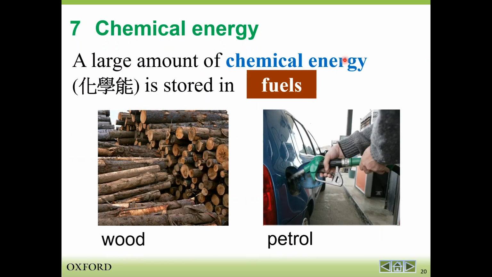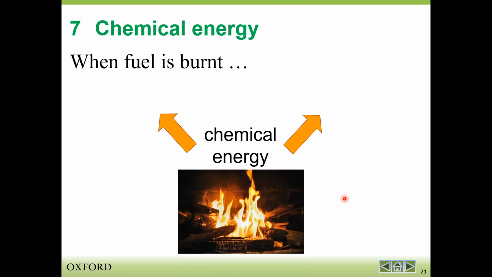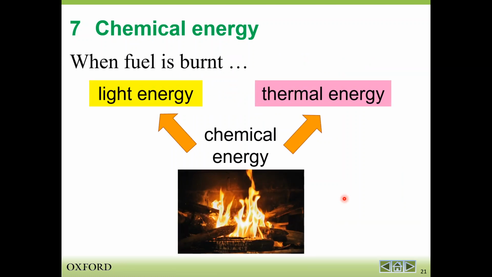The last form, the seventh form of energy, is chemical energy. There is a large amount of chemical energy stored in fuels like wood and petrol. When fuels are burned, the chemical energy is changed to light energy and thermal energy.